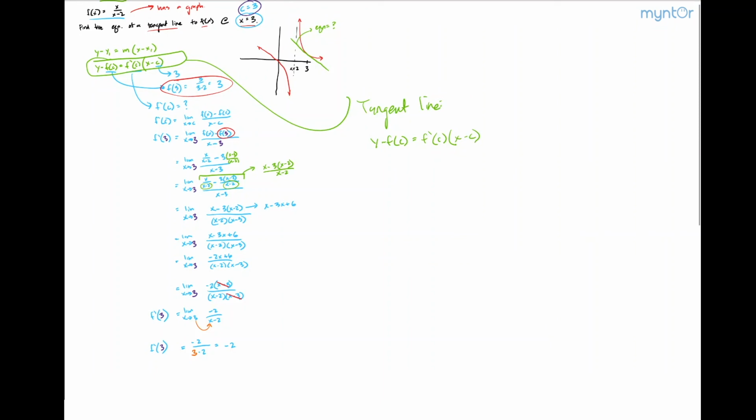And we found that this is y minus f of c, which is 3, from right here, is equal to f prime of c, from down here, so negative 2, times x minus c, which is 3. And this is the equation of our tangent line.